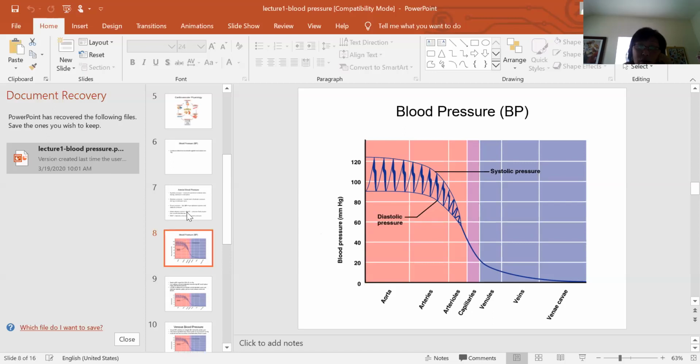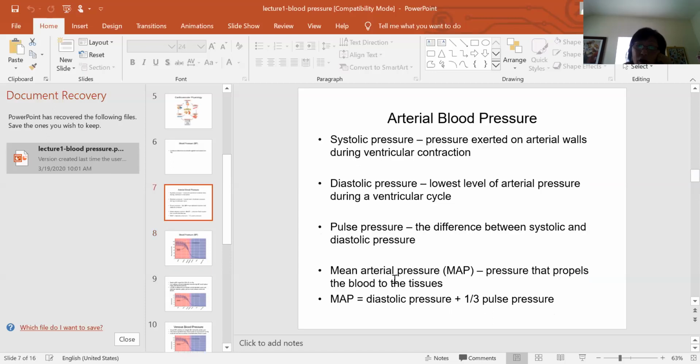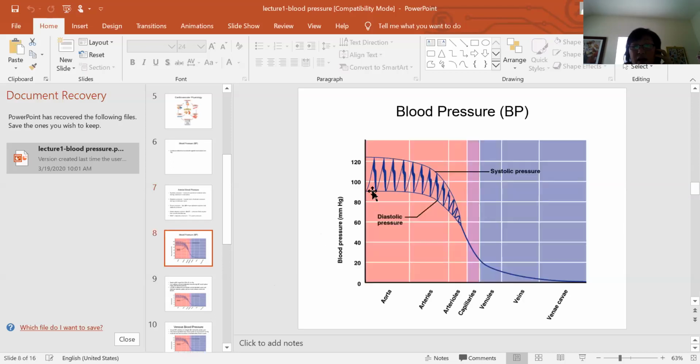Instead, we use the mean arterial pressure. That means the diastolic pressure weighs a little bit more on this. Another way to say that is the mean arterial pressure that regulates the blood flow is closer to the diastolic part than to the systolic part.